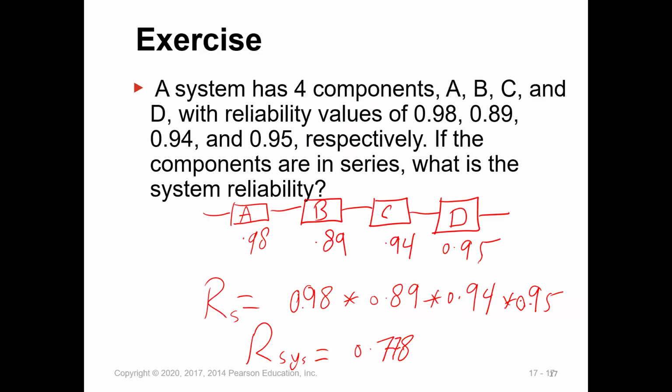And we covered several examples. Here we have a system with several components. If they are connected in series, we just multiply the reliabilities of these components. 1, 2, 3, 4 components, just multiply them.